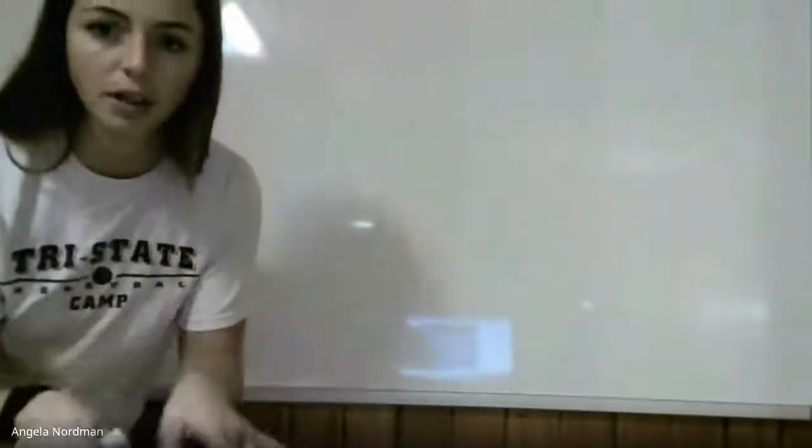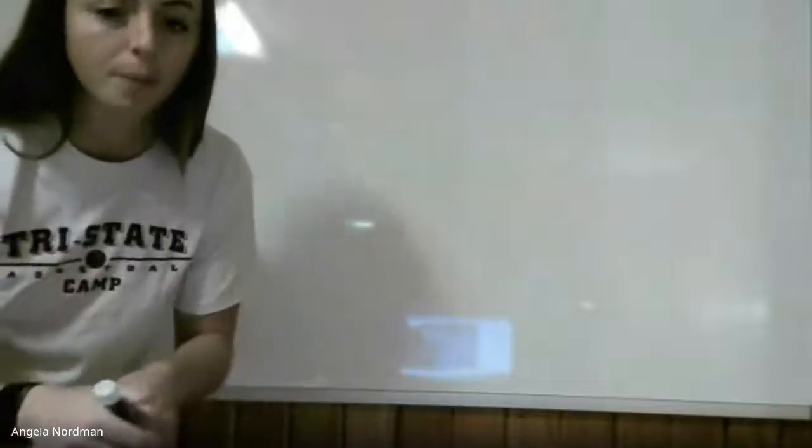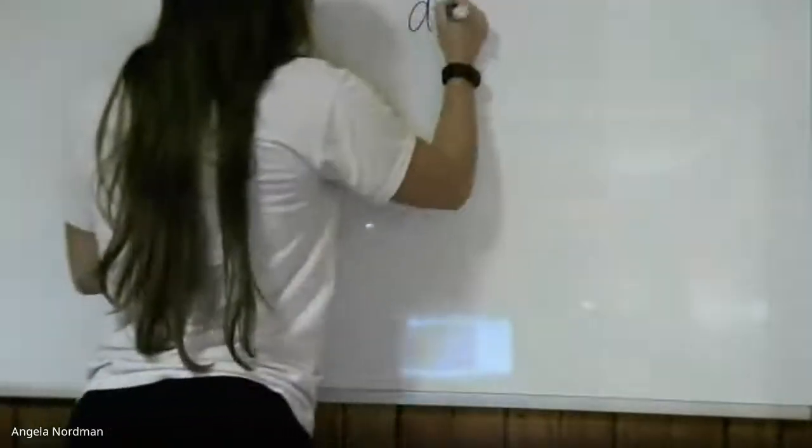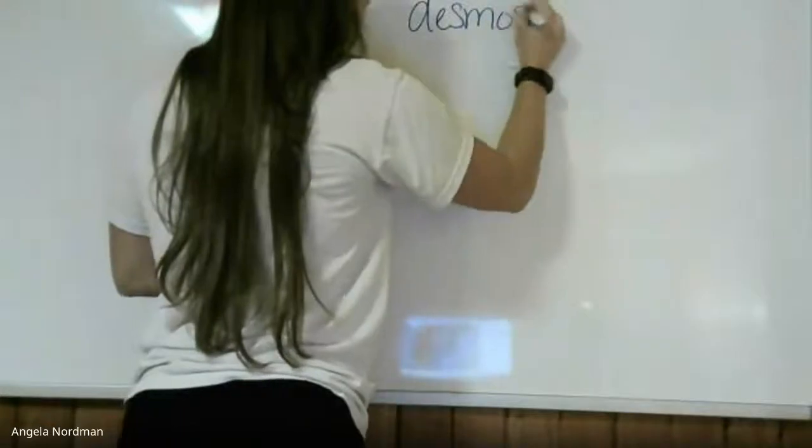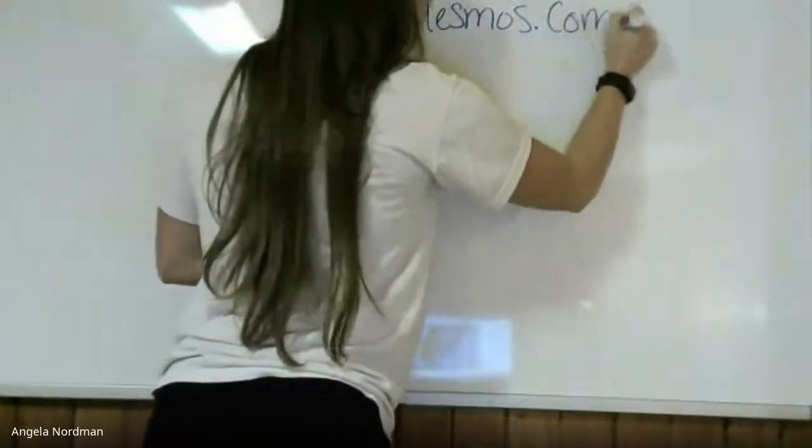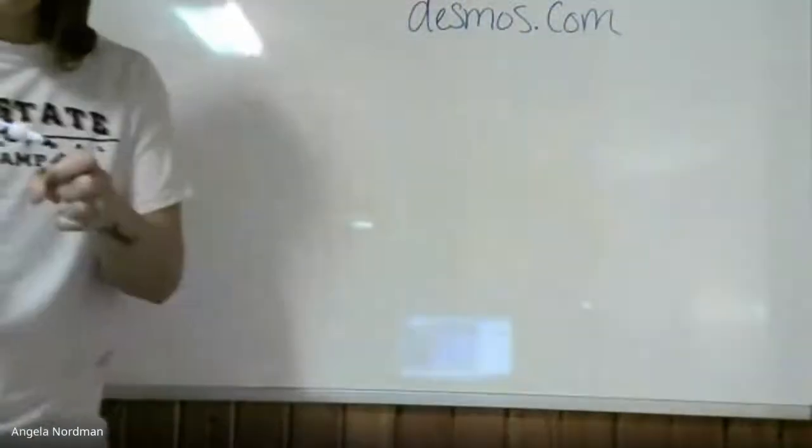So we don't do this by hand, we do it on a graphing calculator. If you don't have your own graphing calculator at home, you can Google search it. If you do a quick Google search of graphing calculator, something will pop up. Another one that you can work with is Desmos.com. That's also an online graphing calculator.